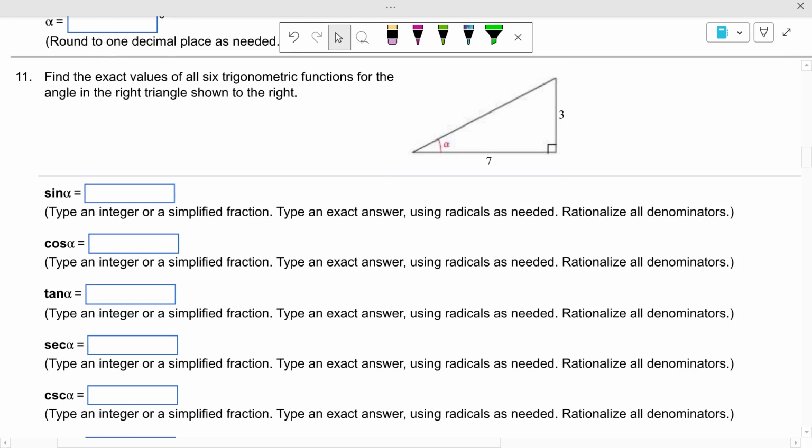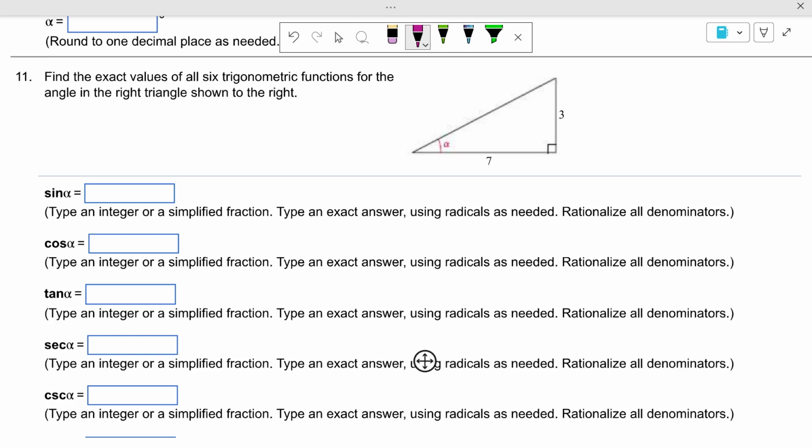It's when we get down to here that we have to start thinking again. All right. We want an integer or a fraction for these: the sine, the cosine, the tangent, the secant, the cosecant, the cotangent. So I have to figure out what my hypotenuse is.